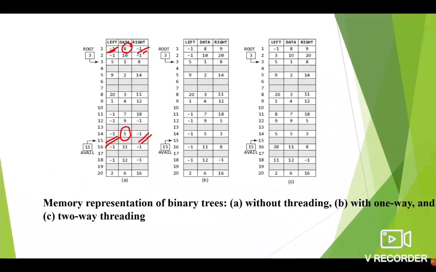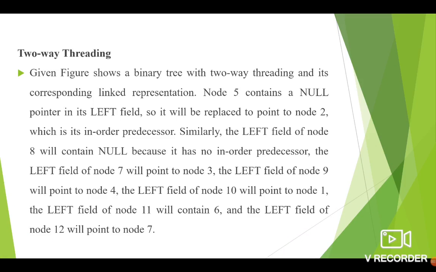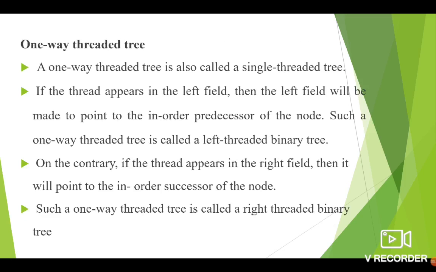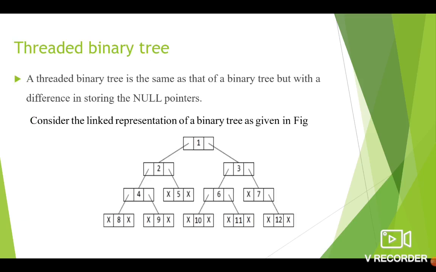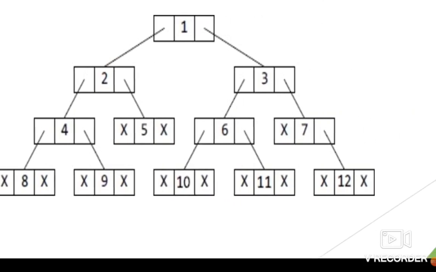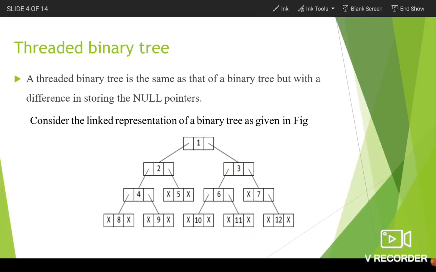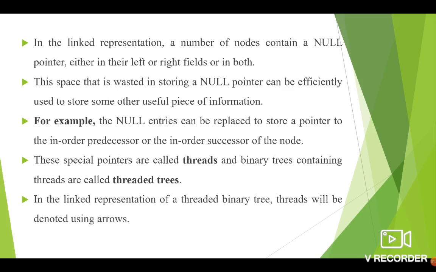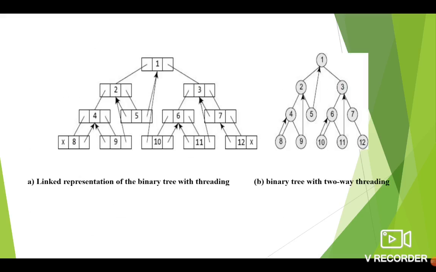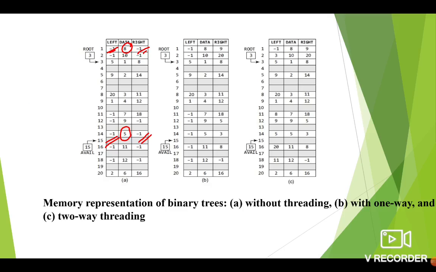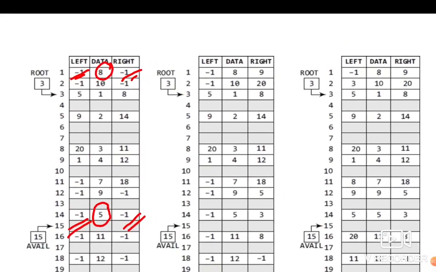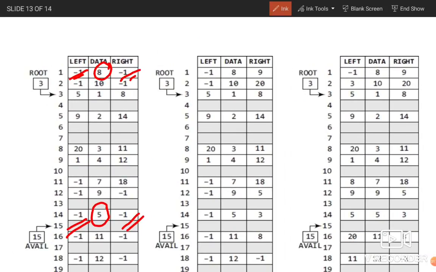So that is from the first figure. For the node 5, we don't have the left child and the right child. For the node 8, we don't have a left child and the right child. So they are represented as the null pointer. In linked representation, -1 is used to represent the null pointer.